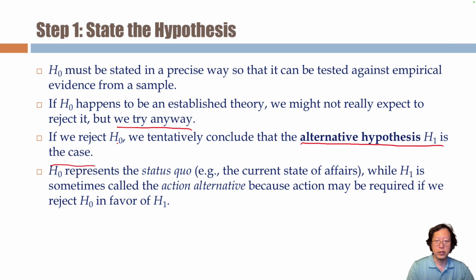H0, the null hypothesis, is the status quo, which means the current state of affairs. And H1 is sometimes called the action alternative, because action may be required if we reject the null hypothesis. So if we fail to reject the null hypothesis, then in most cases we don't do anything.